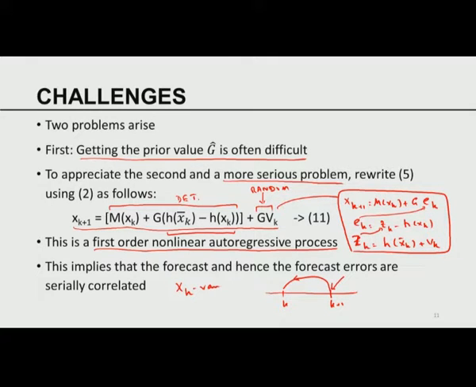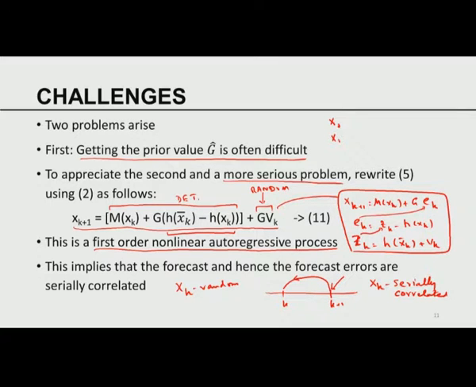If xk is random, what does it mean? The trajectory xk is a random process. So this essentially tells you the xk's are serially correlated. Why are they serially correlated? Let us go back now. I have x0, I have x1.